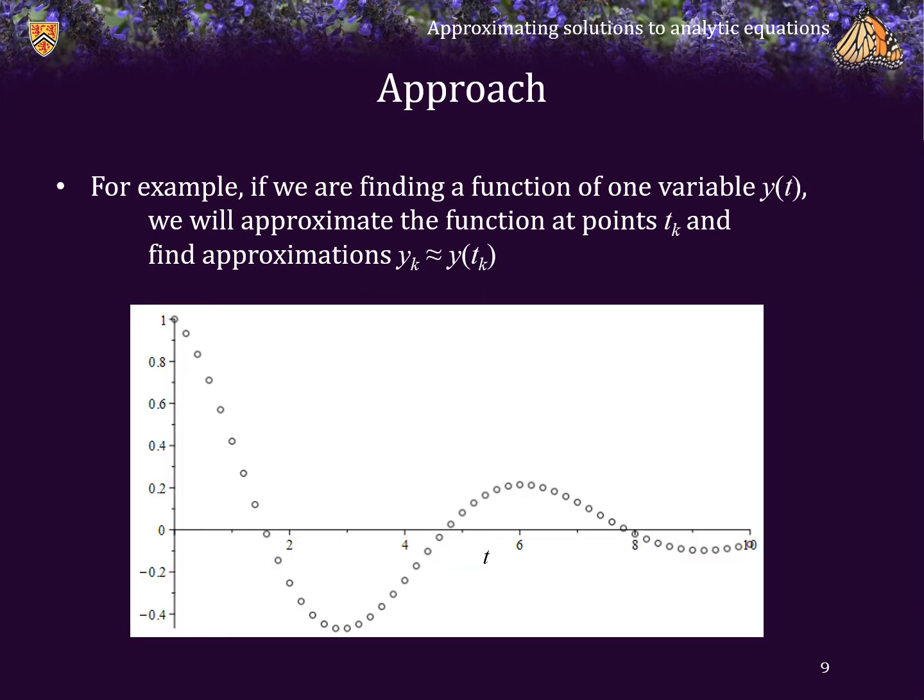So, for example, if we are trying to approximate a solution that is a function of one variable, we will try to find approximate values of the function at points t sub k for specifically chosen values of t sub k. We will then find approximations at these points. If we wanted to find the value of the function somewhere between these points, we could then use interpolation, for example.